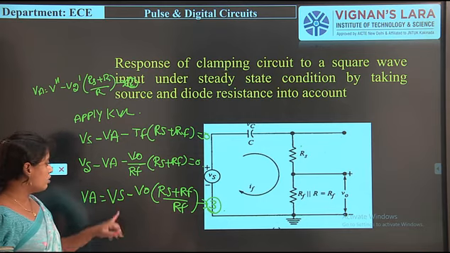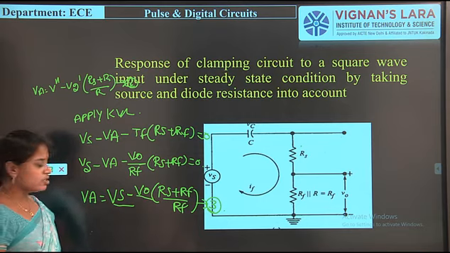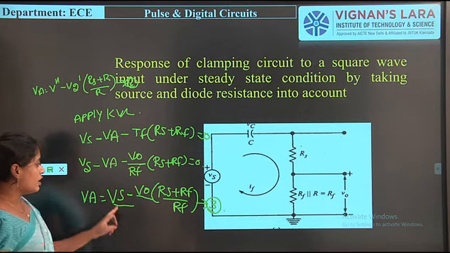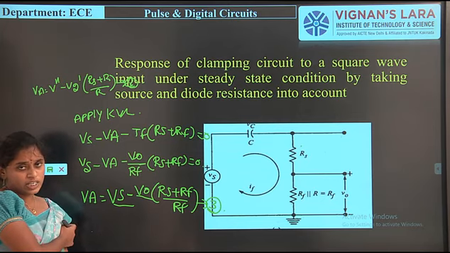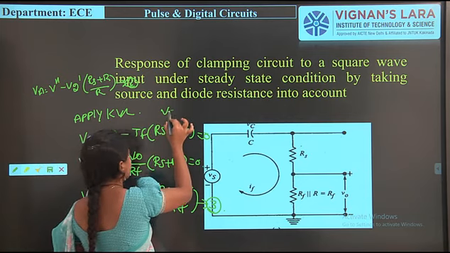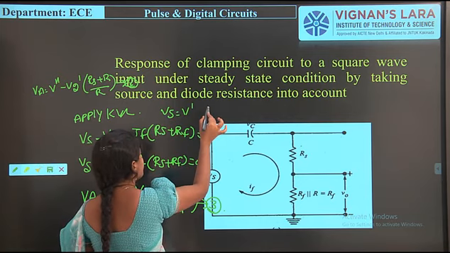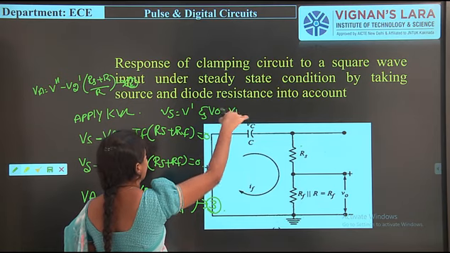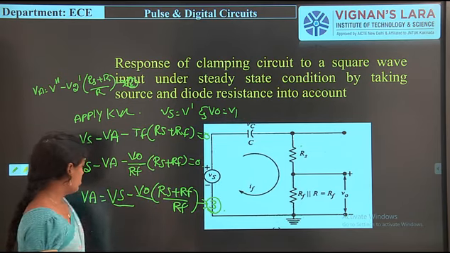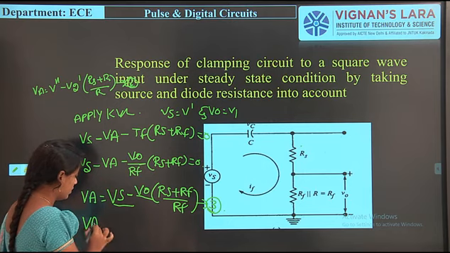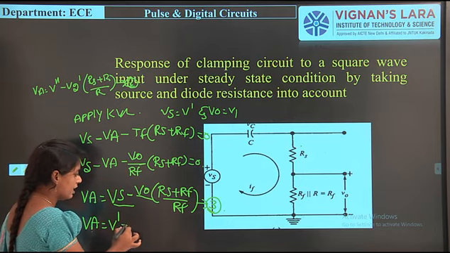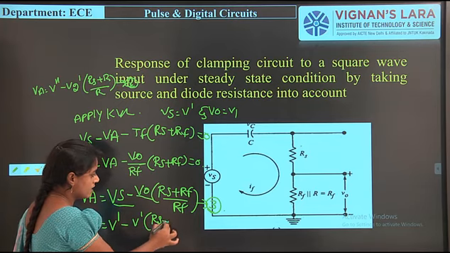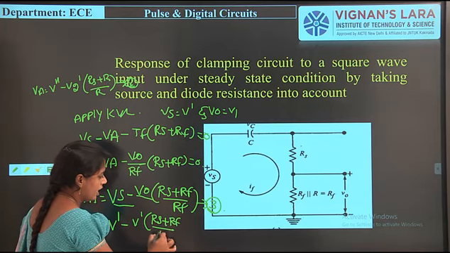In that we have to substitute the Vs and V0 values, and what the Vs condition is we have to observe, that is Vs is equal to V dash and V0 is equal to V1. So just substitute this: Va is equal to V dash minus V1 (Rs plus Rf) by Rf.